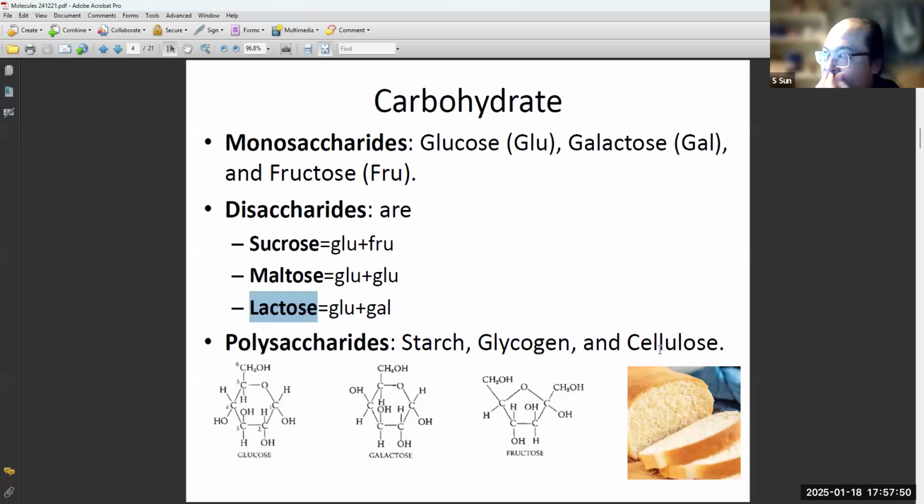We send this cellulose to our large intestine again. So we cannot break it apart, just like lactose. If you have lactose intolerance, cellulose will go into the colon, and then bacteria can use them. It also helps stimulate your bowel movement, basically allows you to form feces, which is good for your body.